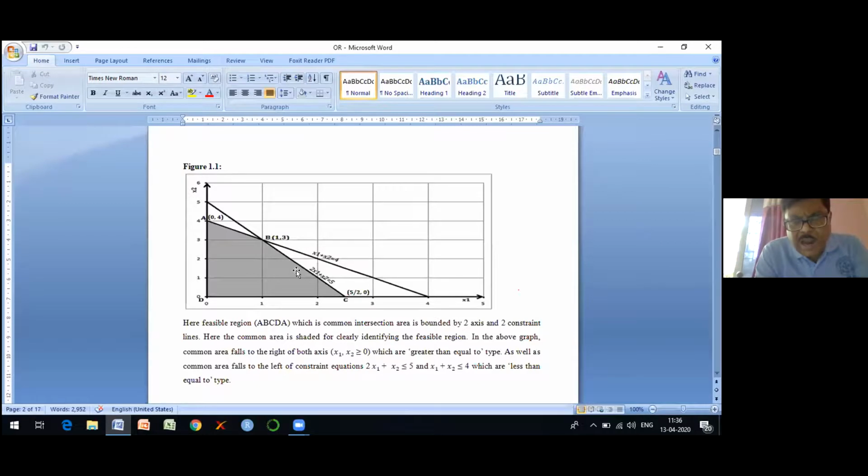Right. Now, these two straight lines intersect at this point B. So how can this B value be found out? Simple task.